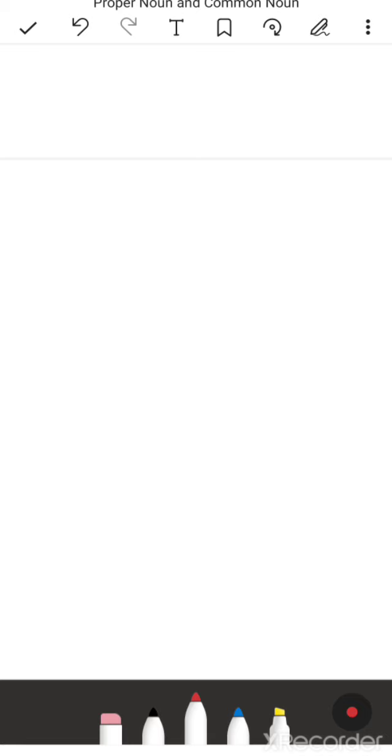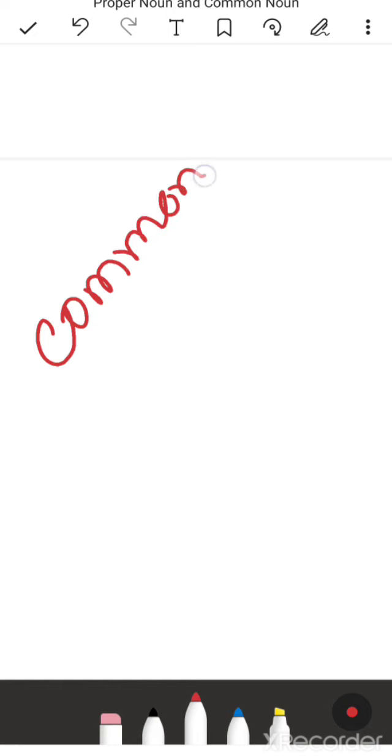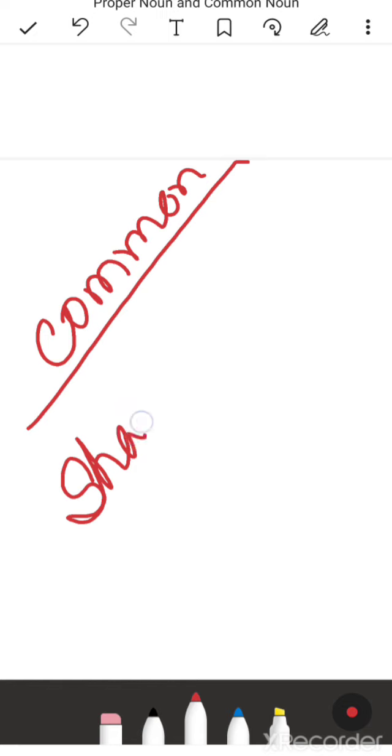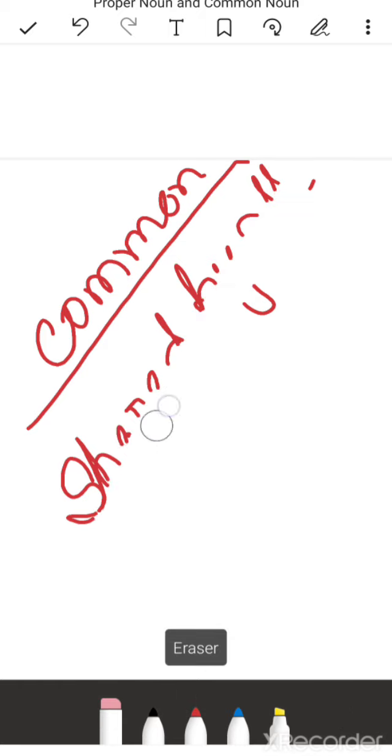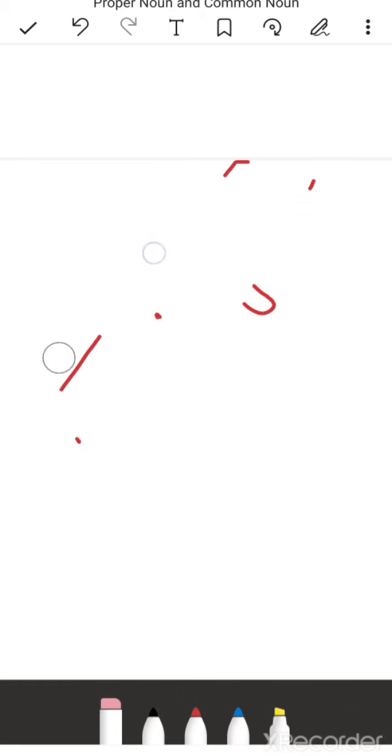But here common means the name which can be shared by all. So remember this: a name which can be shared by all is called a common noun.